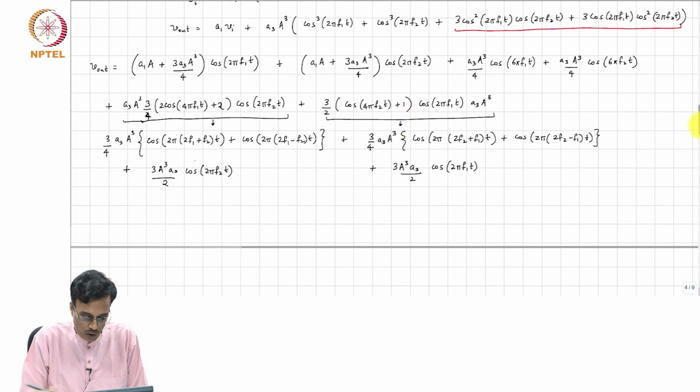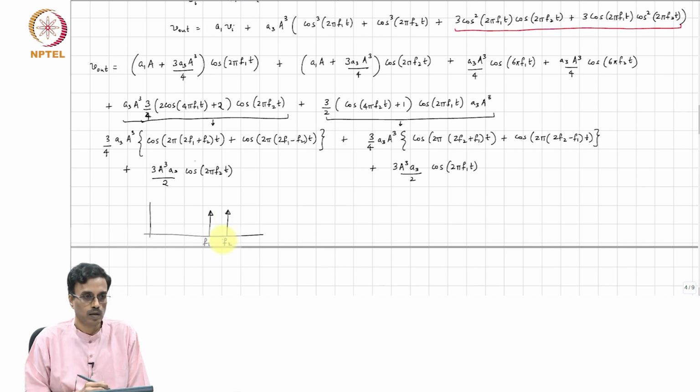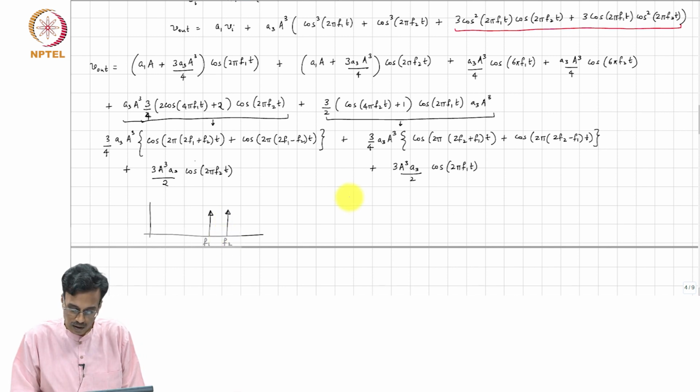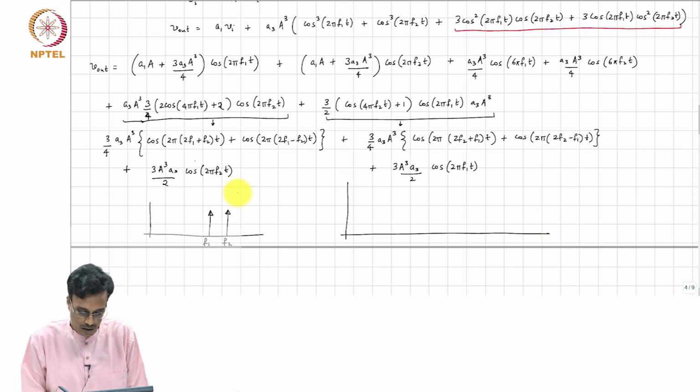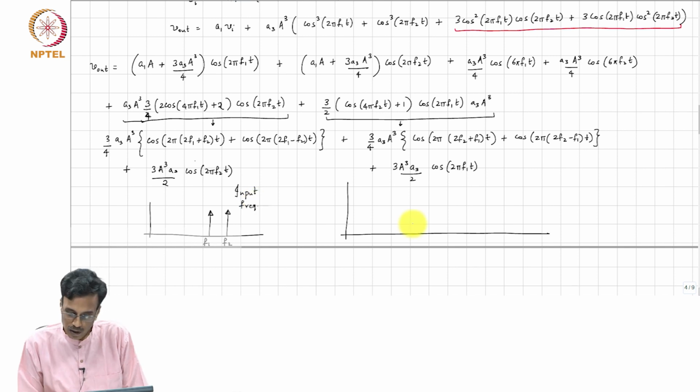So, if you plot on a picture, the input tones, let us say, are f1 and f2. What are the output tone frequencies?